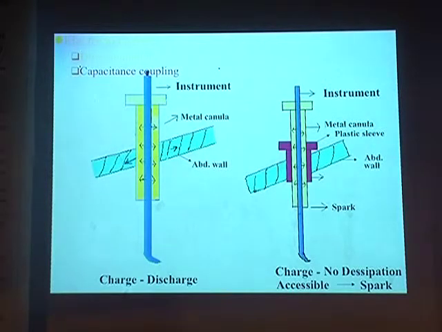This is capacitance coupling. Whenever you use electricity, like the power cord which you use for charging a laptop, even though it is insulated, some kind of electromagnetic field is created around it. And if we apply an electrode through a metallic sleeve and put it into a rubber or plastic trocar, what happens?